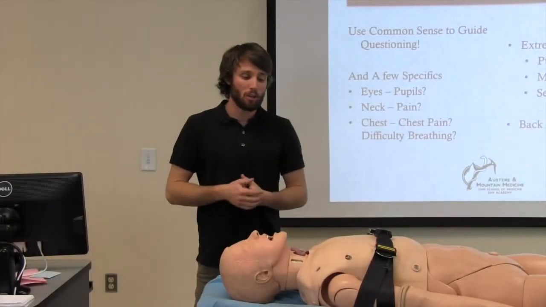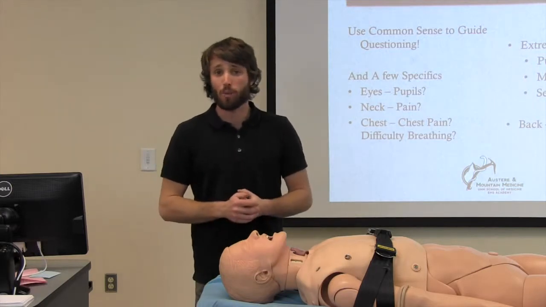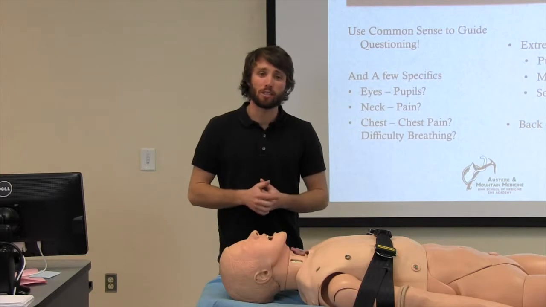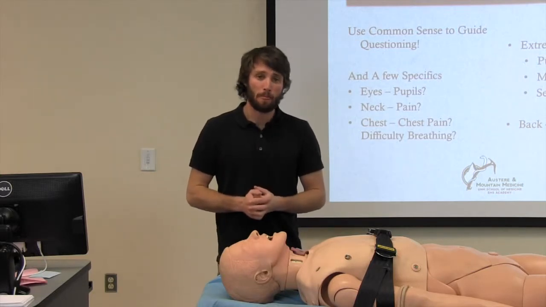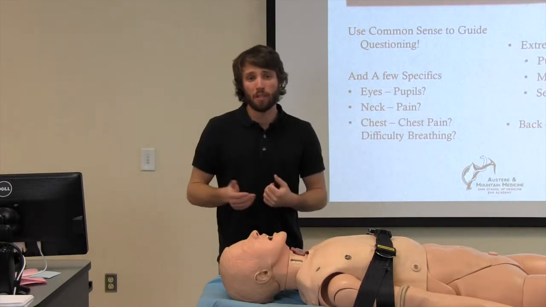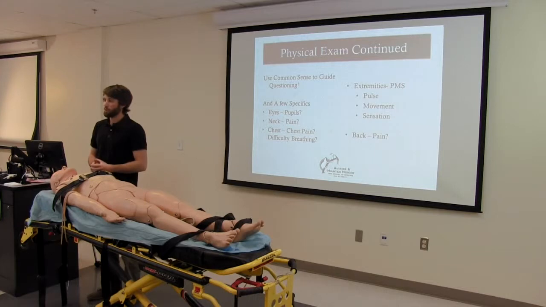When we complete our physical exam, we also want to make sure that we check out the person's back to make sure there's no back pain or any abnormalities on their spine. This is done easily by performing what we call a log roll, which will be introduced later on in this course.